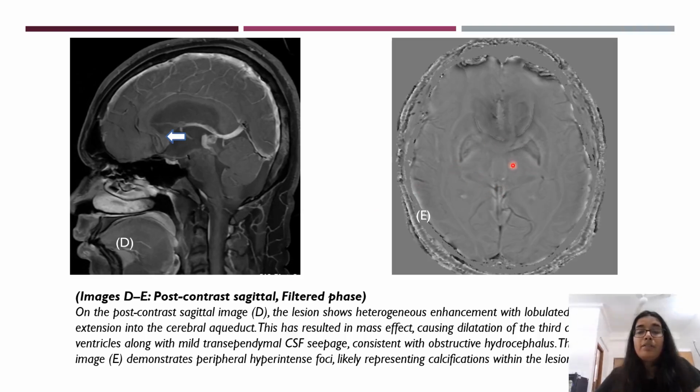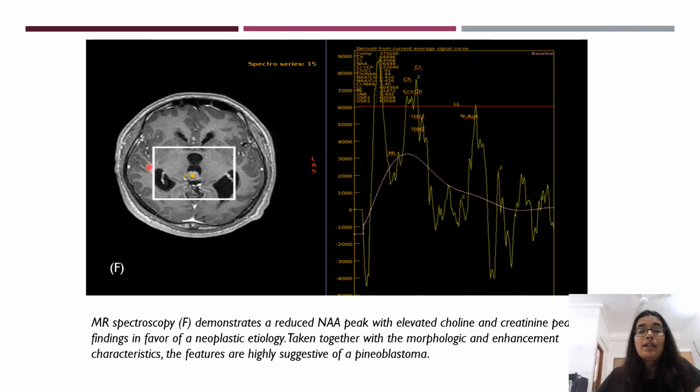On phase imaging, there is a peripheral speck of calcification, and hyperintense foci, and on MRS, it indicated decreased NAA peak with elevated choline and creatine peak, suggestive of neoplastic etiology. Based on morphologic and enhancement characteristics, pineoblastoma was given as the diagnosis, which was further confirmed by histopath.